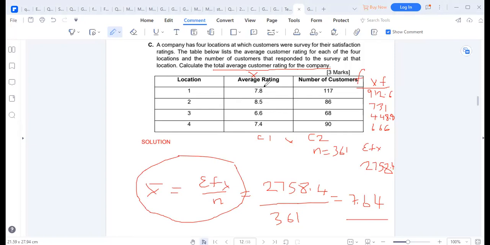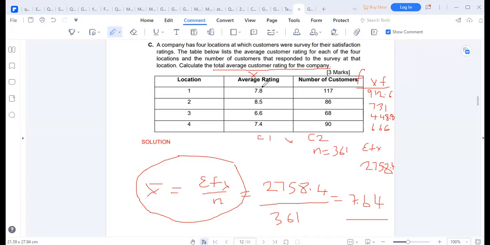This is a mistake most people are making. They average this and divide by the number, and the answer was wrong. I'm glad you're bringing up the possible mistakes that people will make. It's summation of fx, not summation of x, over n, because there's a frequency there. So that's a mistake most people make.